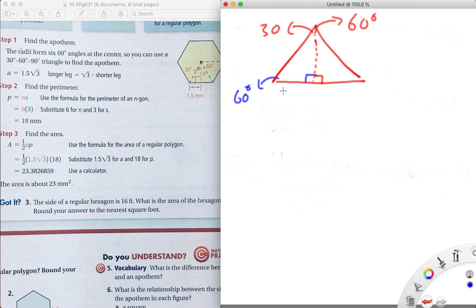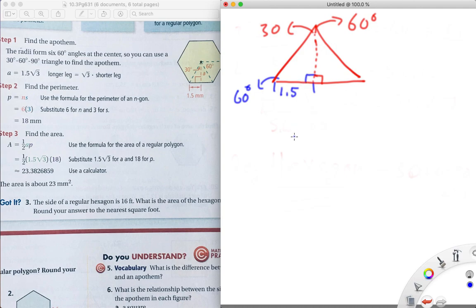Notice that they give me this between this here is 1.5. This 1.5 pertains to half of the side, because remember the apothem cuts this in half, and the apothem cuts the angle in half. That's why I say this is 30, because the angle is cut in half. This 1.5 represents half of the side.